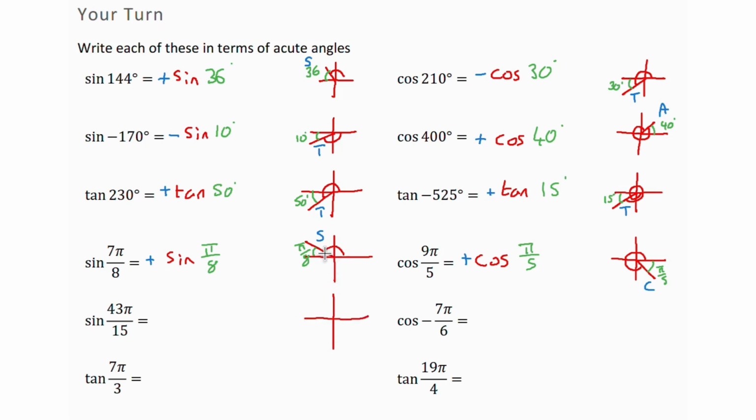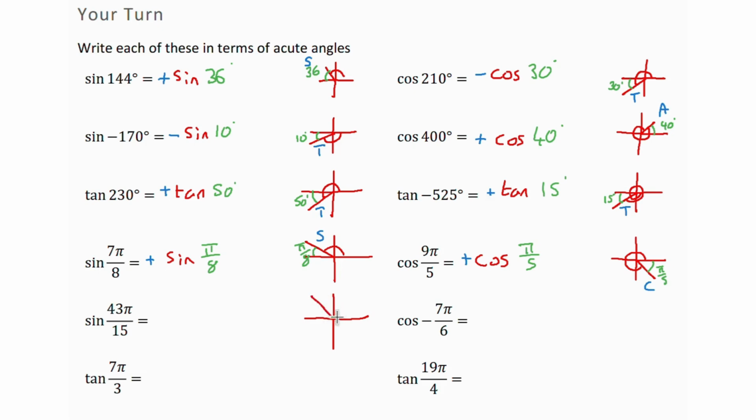43 pi by 15. We probably want to think of 43 pi by 15 as 2 lots of 15 pi would be 30 pi, and then nearly another whole one, but not quite. So that's going to be all the way around, would be 30 pi by 15. And then an extra 13 pi by 15. So 13 pi by 15 is not quite a full pi.